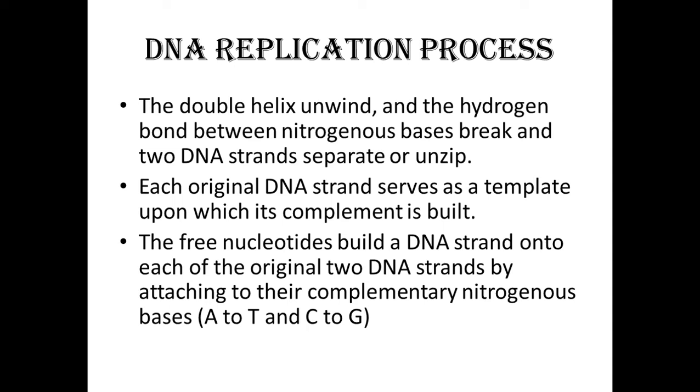Each original DNA strand serves as a template upon which the complement is built. The free nucleotides build DNA strands onto each of the original two DNA strands by attaching to their complementary nitrogenous base. For example, your adenine will bond with your thymine, and your cytosine with your guanine.